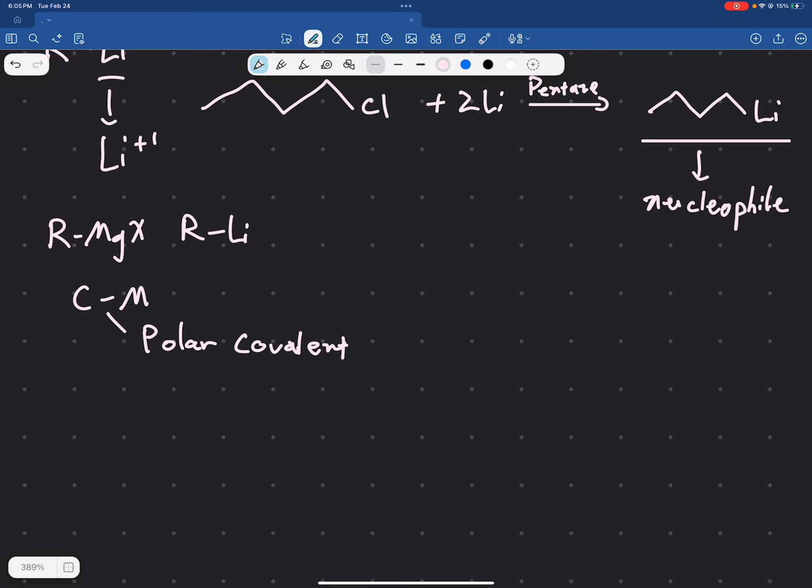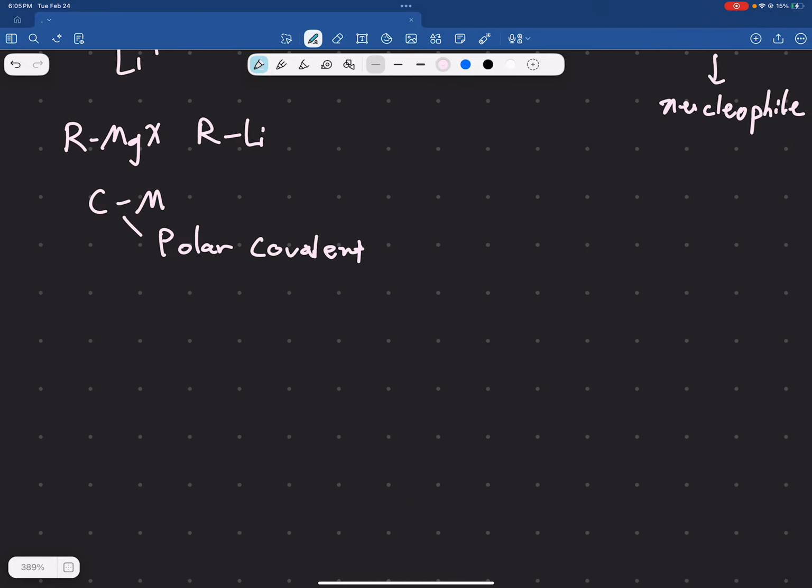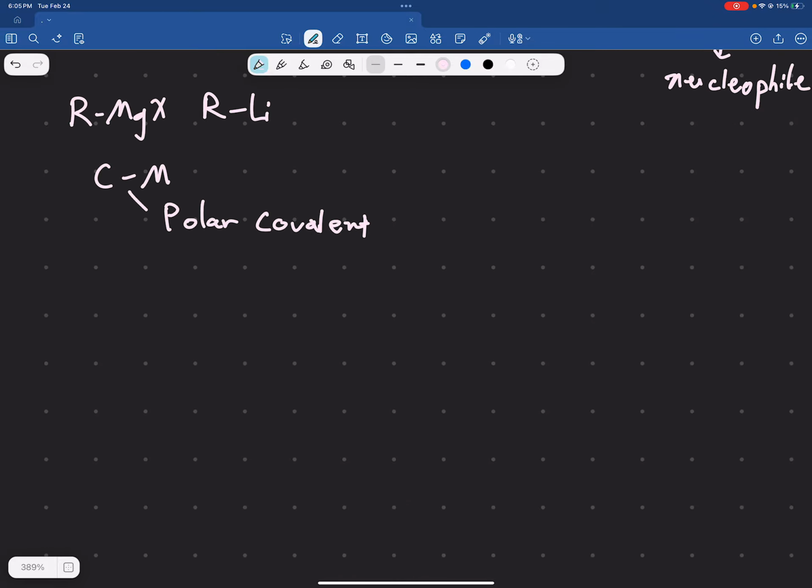During the preparation of Grignard and organolithium reagents, the carbon atom bearing the halogen is transformed from an electrophilic center to a nucleophilic center. So, let's say something like this. There will be two hydrogens. I'm just not going to go into the stereochemistry, but these two hydrogens would be on opposite sides. It's a carbon attached to a bromine.